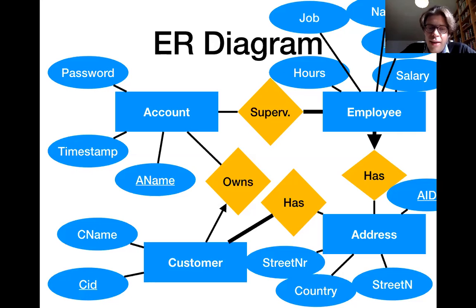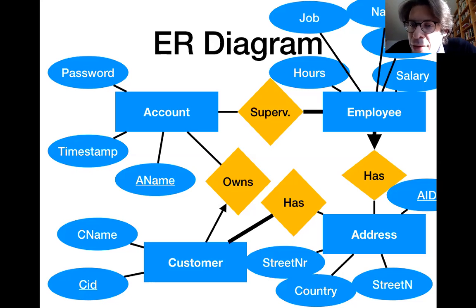So here we see, for instance, that customers have at least one address, one or multiple addresses, and that is expressed by the bold line connecting customer to the corresponding relationship symbol. And also customers, they own at most one account that is expressed by this arrow.